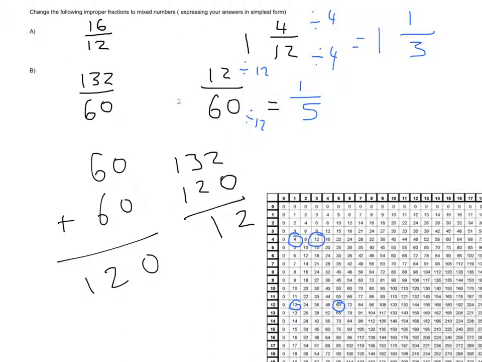Okay, let's not forget to put the 2 on the outside. So now we've simplified the fraction to its simplest form.